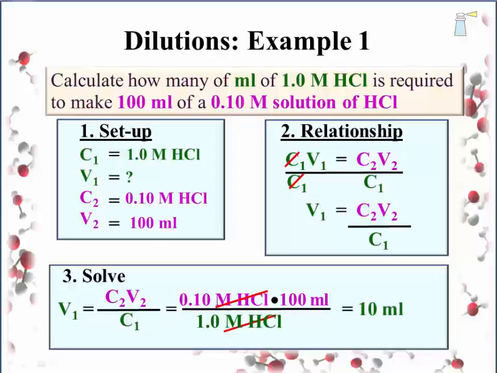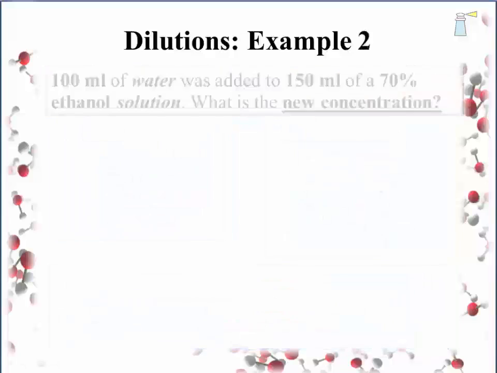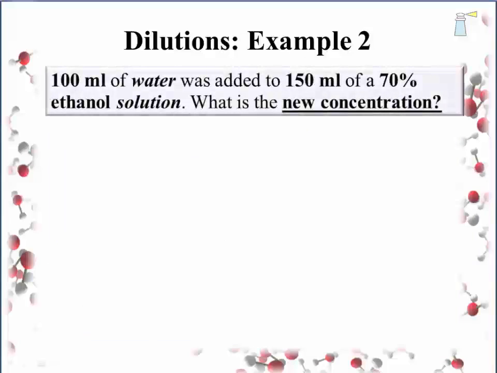Some calculation gives us a volume for V1 of 10 mL. 10 mL of a 1.0 molar solution diluted to a final volume of 100 mL will have a concentration of 0.1 molar. Onto a second problem, and it will be solved in a nearly identical manner.